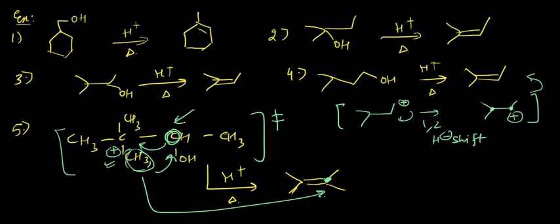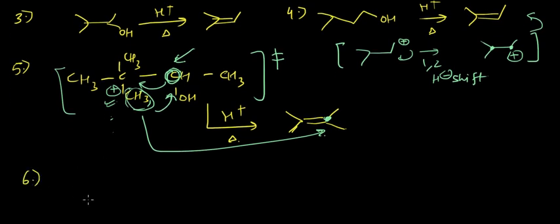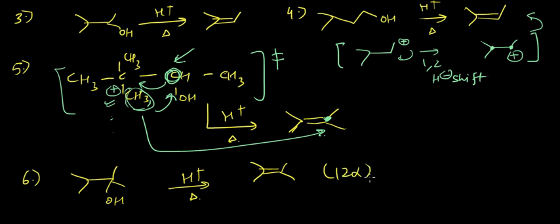Okay, let's look at sixth example, where we have something like this and OH is attached. Again H plus heat, what would be the major product? Again this. How many alpha hydrogen does it have? 12 alpha hydrogen.